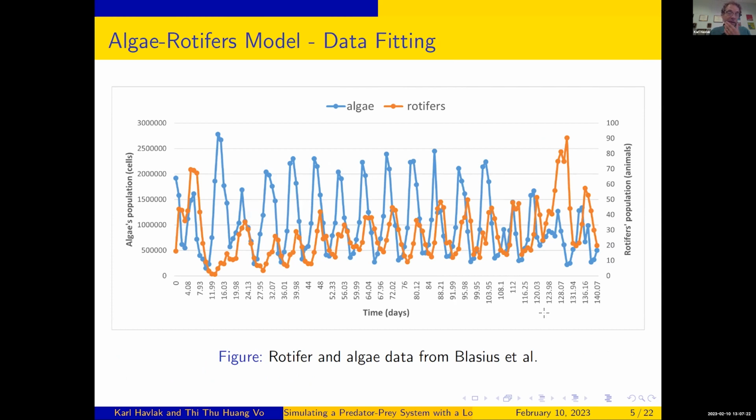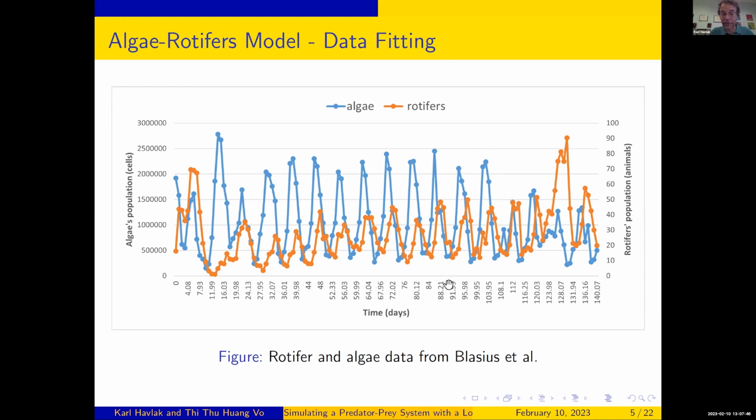They had a planktonic system, which consisted of algae and rotifers. The algae are the prey in this, even though it's a plant, and the rotifers are the predator. They put them in a chemostat and let them grow, and every 4 days they'd go in and collect the data.